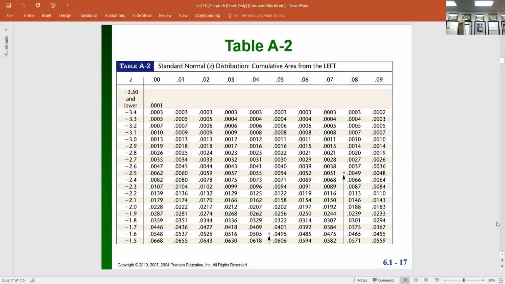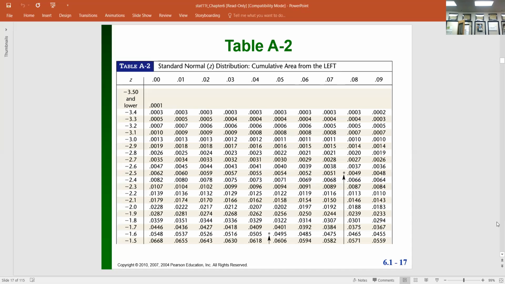Or rather, if we want 1%, I'm just going to call it minus 2.33. So a z-score of minus 2.33. Now, we had minus 2.24 before.